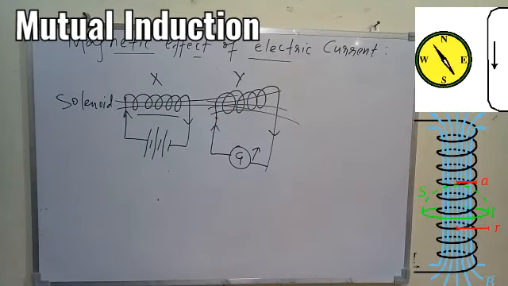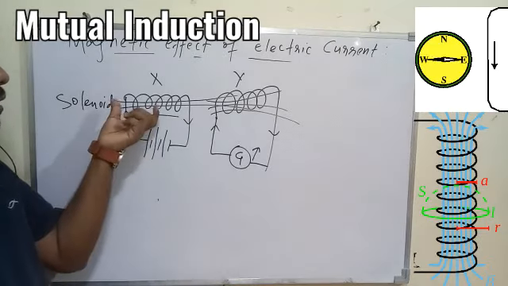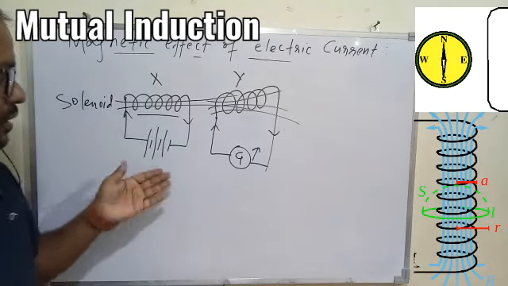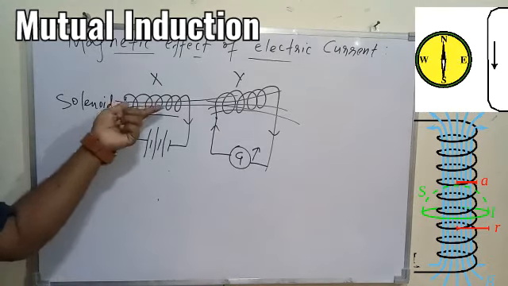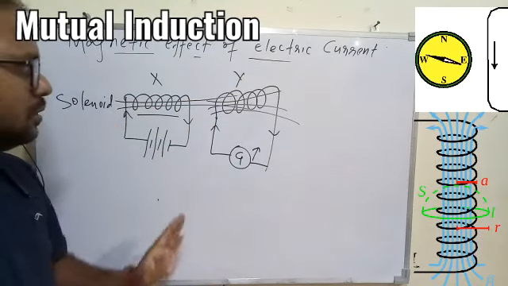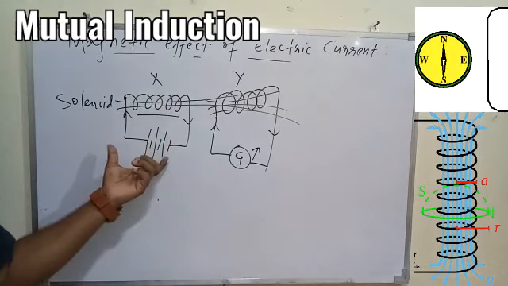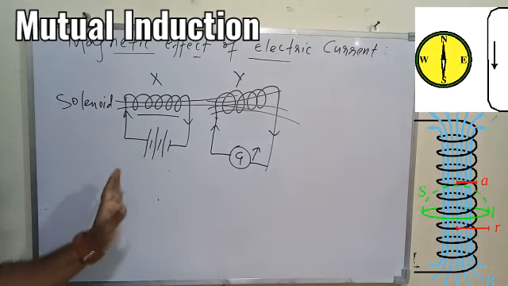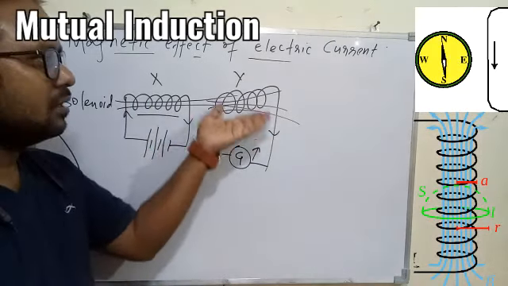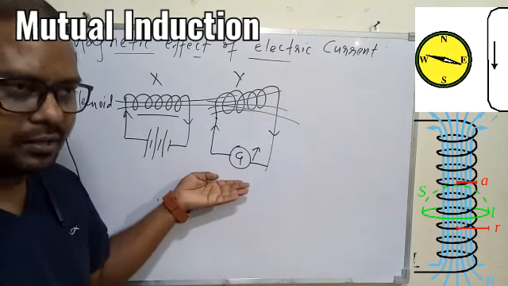That is possible. If X and Y are close enough, and coil X behaves as a magnet when current flows through it, then the magnetic field lines of X can pass through Y also. Once the magnetic flux changes with the variation in coil X, which we are going to discuss, the magnetic flux through Y will also change, and then Y can have an induced current.